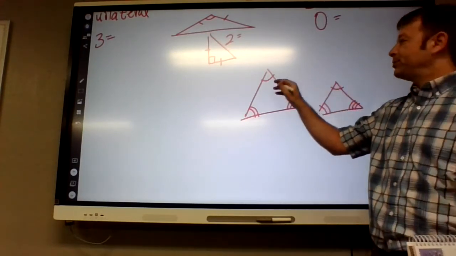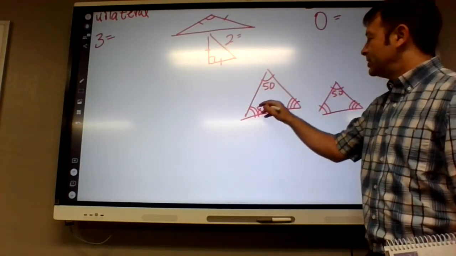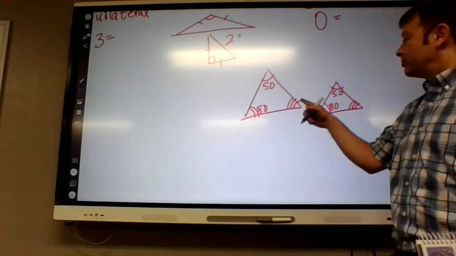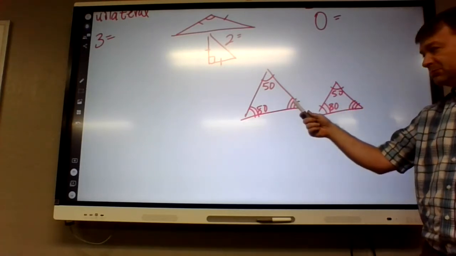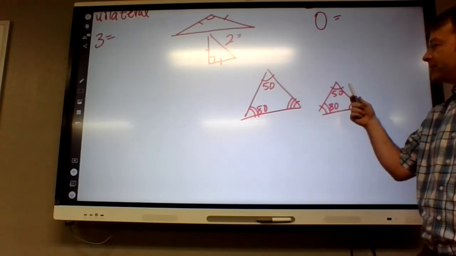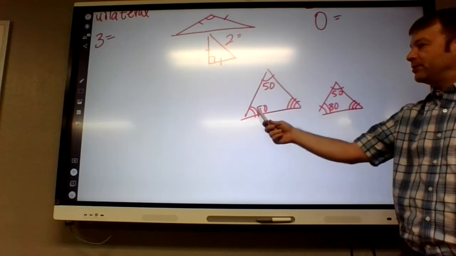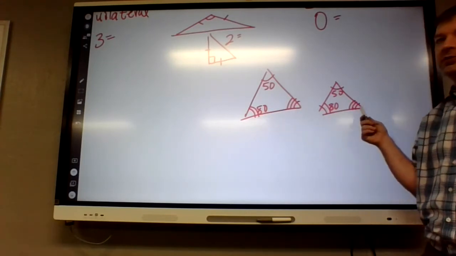For example, let's say I knew this was 50 and this was 50 and this was 80 and this was 80. What do I know about the last angles? They both have to be whatever adds up to 180, which would be the same thing. So if two pairs of angles are congruent in two triangles, then the third pair has to be congruent.